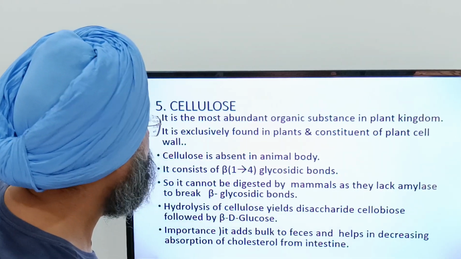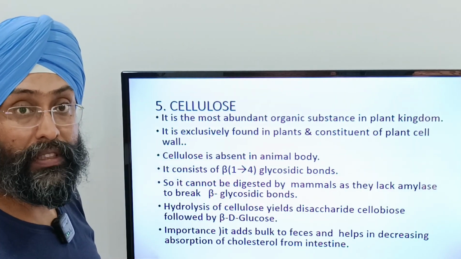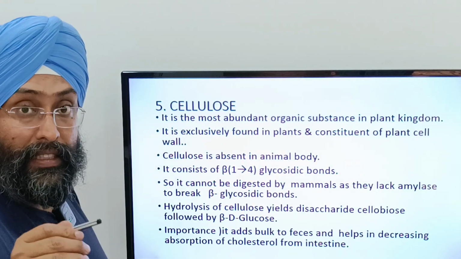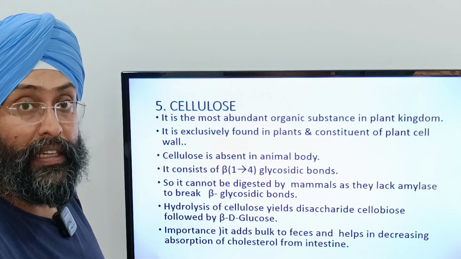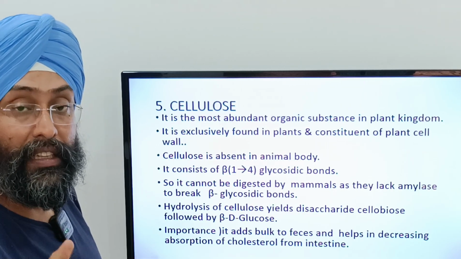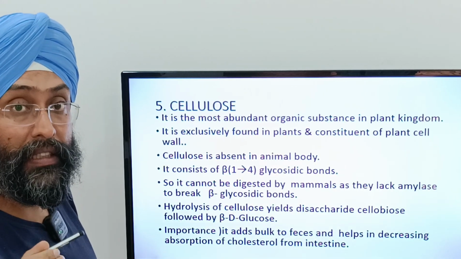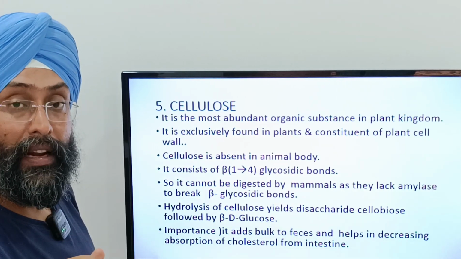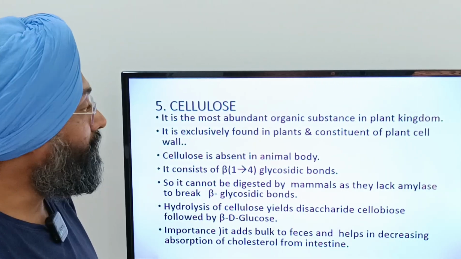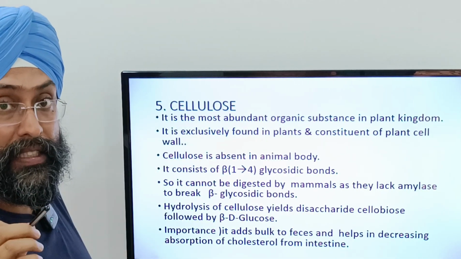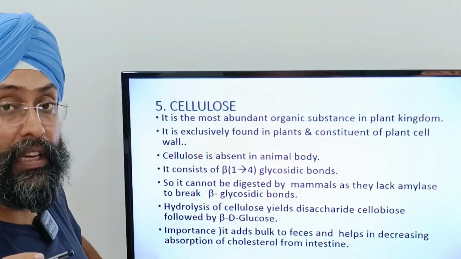Now coming on to the next molecule, that is cellulose. Starch and glycogen are basically similar in that they have the same branching, alpha 1,4 in the straight chain and 1,6 in the branch chain. But starch is found in plants and glycogen is found in animals. In cellulose, the difference is in the bonding.